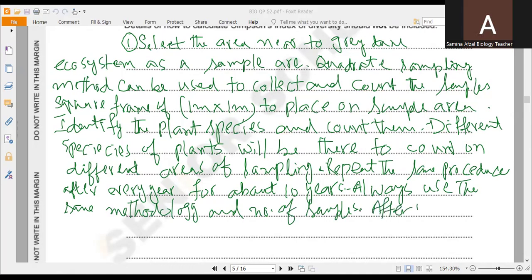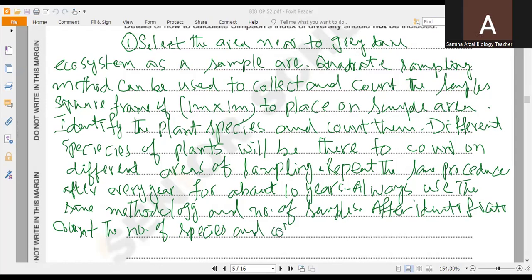After identification, count the number of species and collect the data.